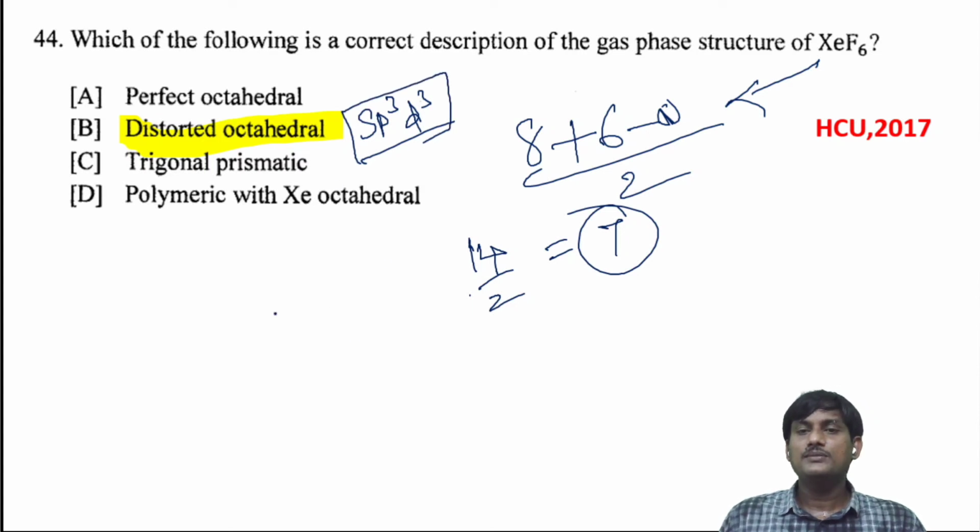Here you have one extra lone pair of electrons, so it has a distorted octahedral shape. There is no possibility of a perfect octahedral since it has a lone pair of electrons. Trigonal prismatic is not correct. Polymeric with xenon octet is also incorrect. What is the correct option? It is distorted octahedral.